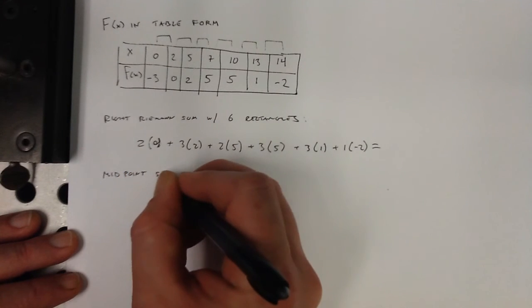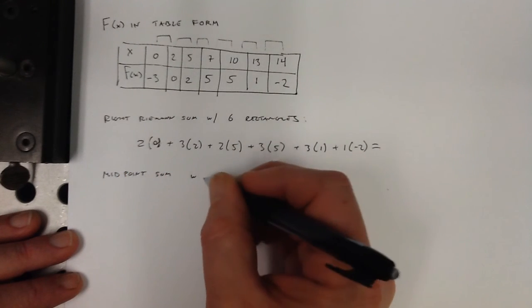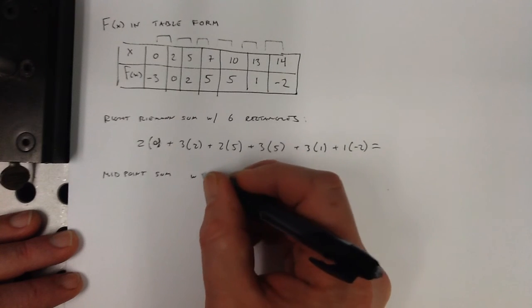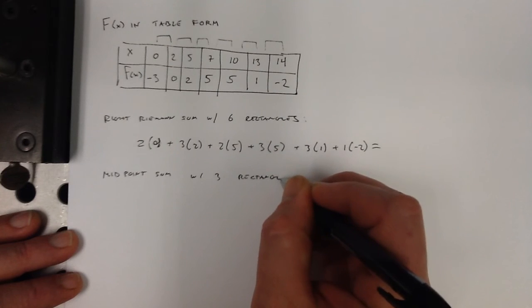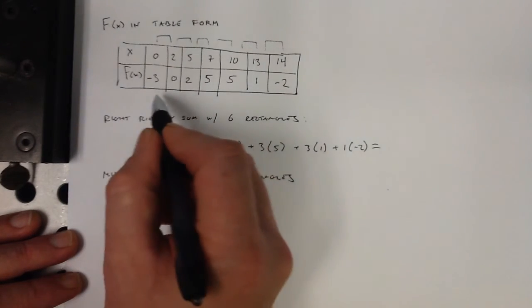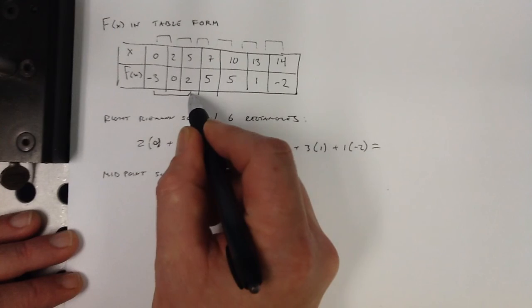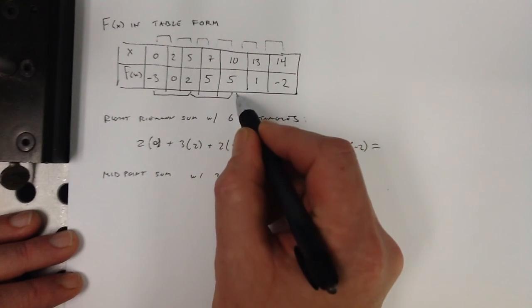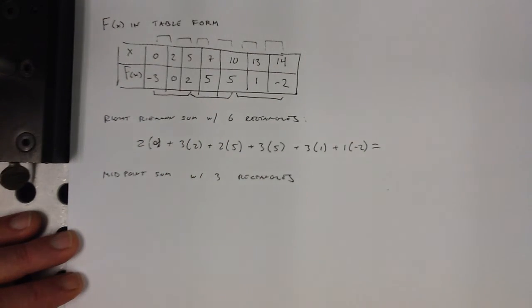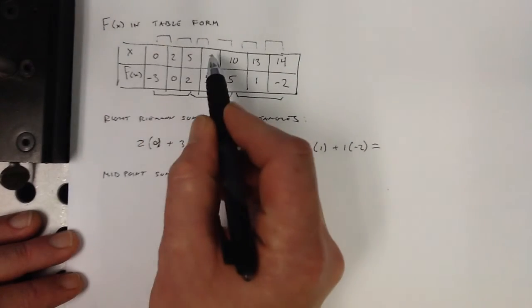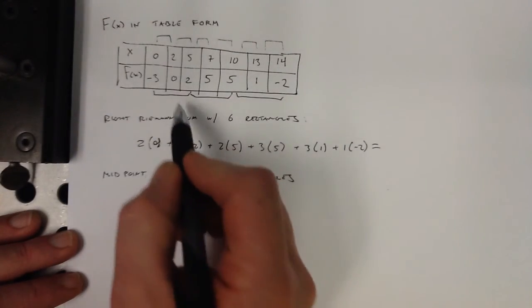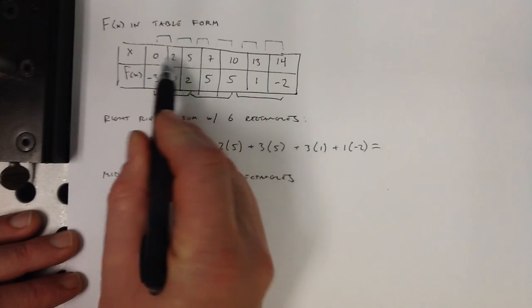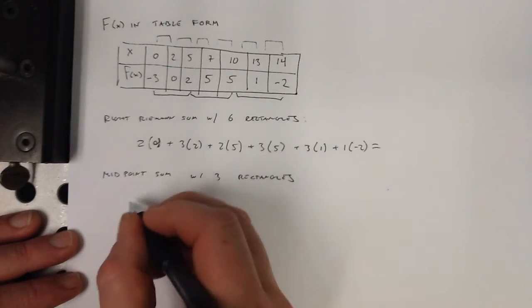Next, a midpoint sum with 3 rectangles. If we did 3 rectangles, then we would have 1, 2, 3. Like that, right? So now we have a midpoint, right? There's a point that's in the middle of each one of those. So the midpoint sum with 3 rectangles, the whole width of it's 5 wide, right?